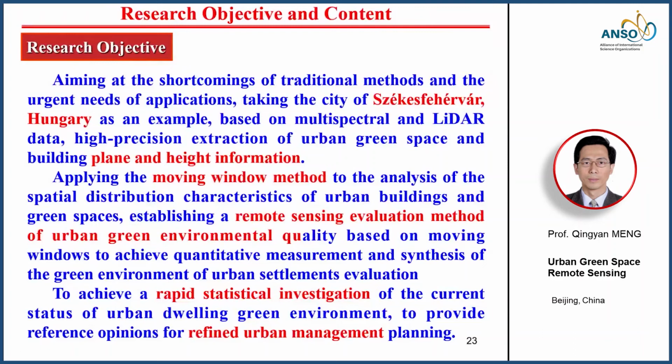We try to apply the moving window method to analyze the spatial distribution characteristics of the urban buildings and urban space, and establish a remote sensing evaluation method for urban green environmental quality based on the moving window, to achieve a rapid statistical investigation of the urban green environment.